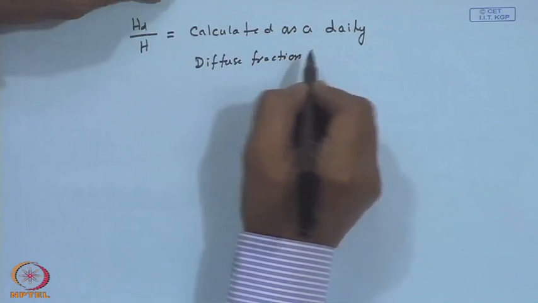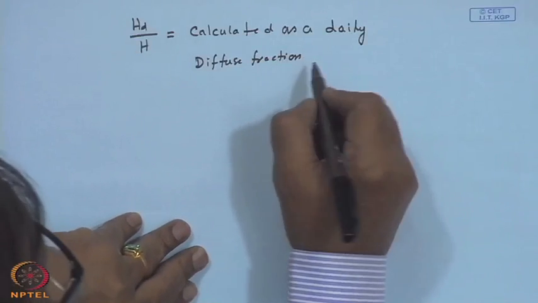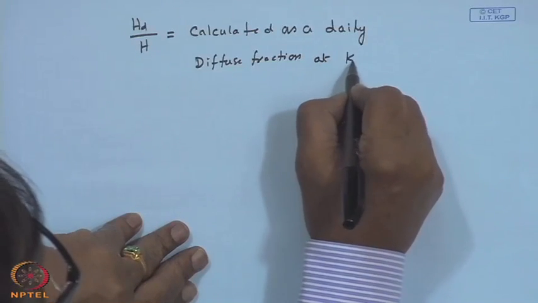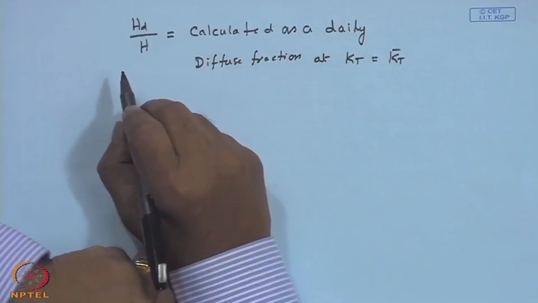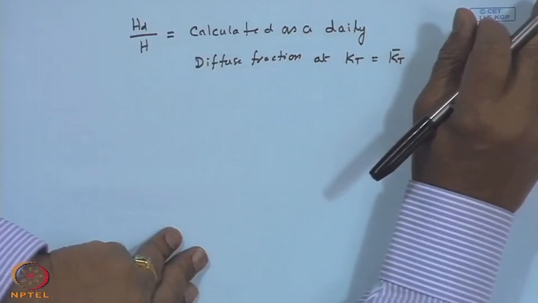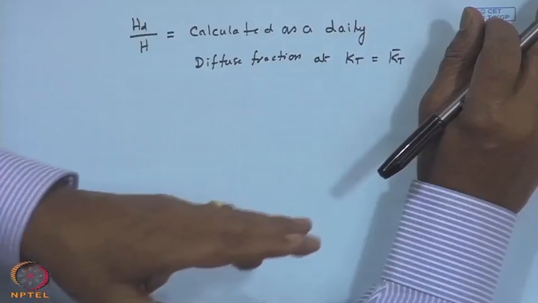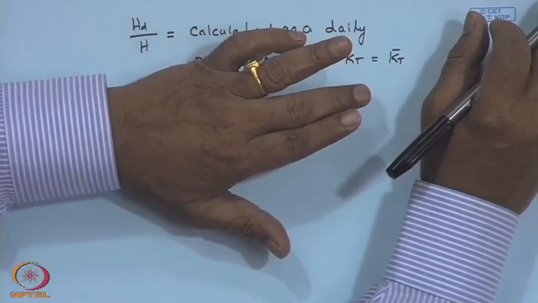Though it is the average day of the month, it is at k t numerically equal to k t bar. So, we are making the calculation on the monthly average day, but the diffuse fraction for some reason is calculated with a clearness index numerically equal to the monthly average daily clearness index.